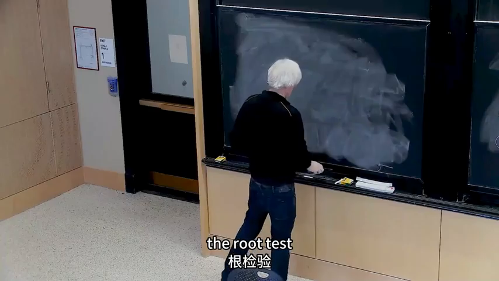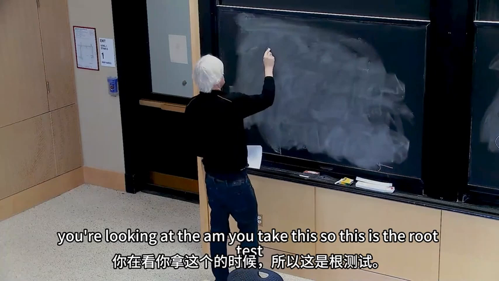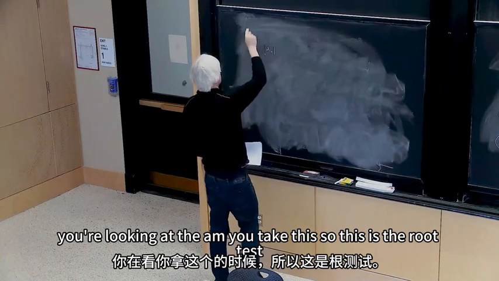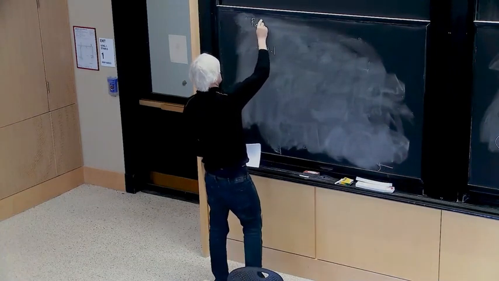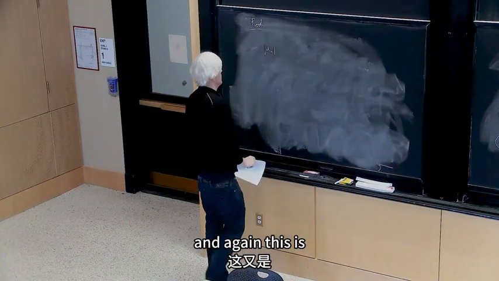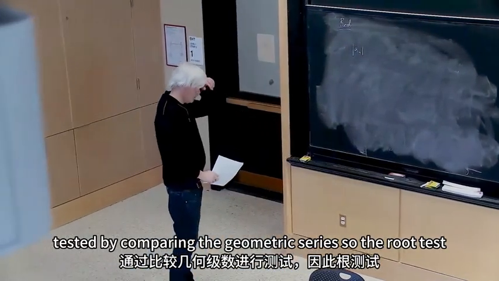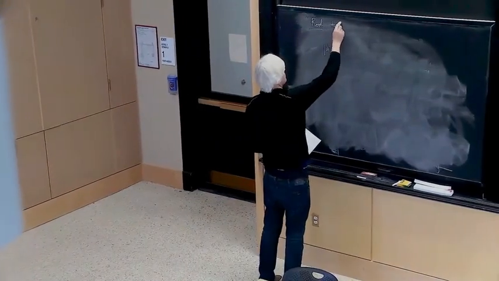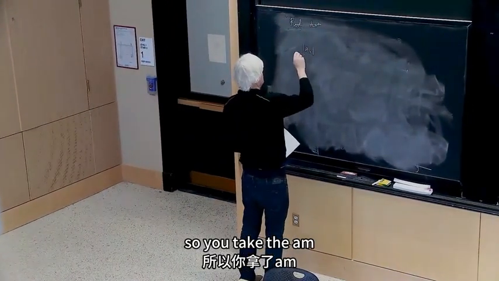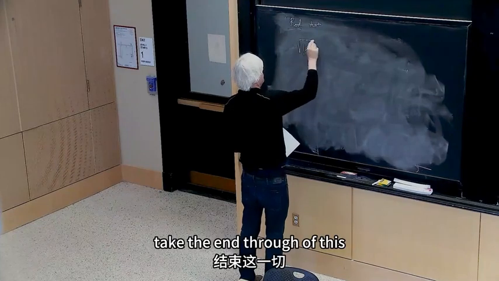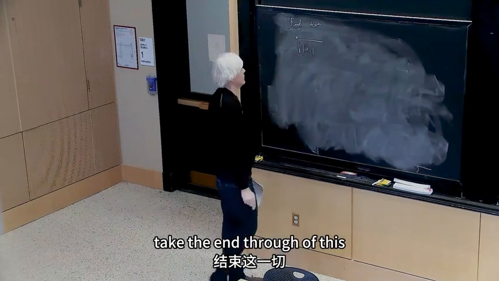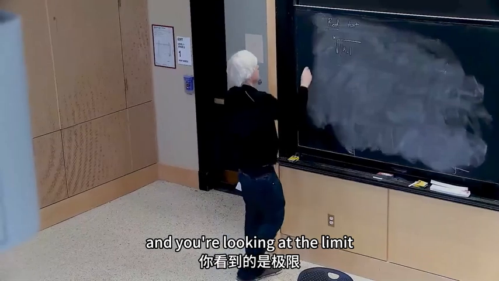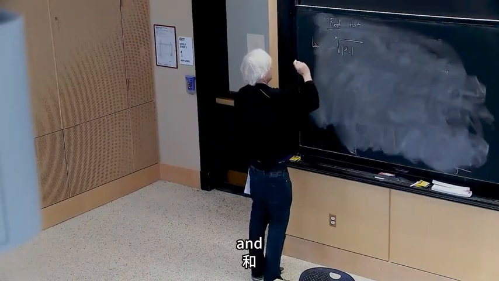The root test, so you're looking at the a_n, and this is tested by comparing it to the geometric series. So you take the nth root of a_n, and you're looking at the limit here.